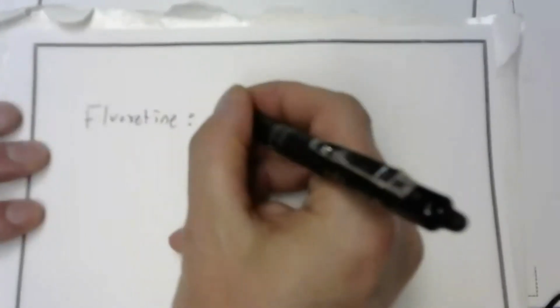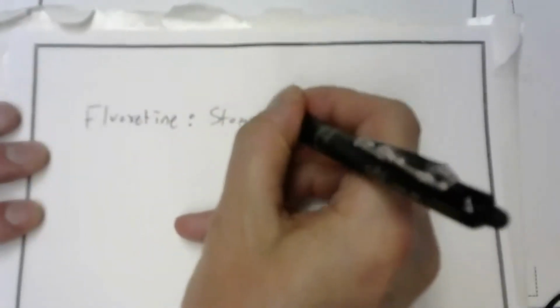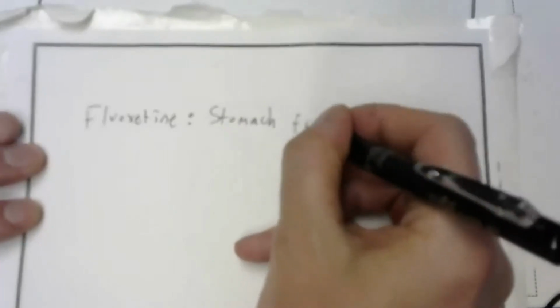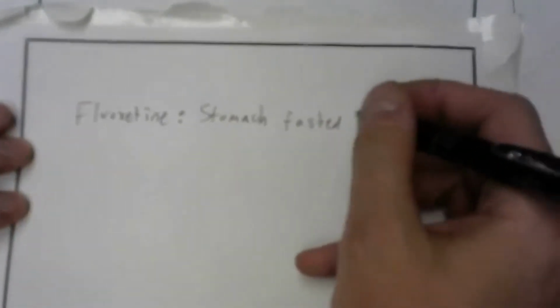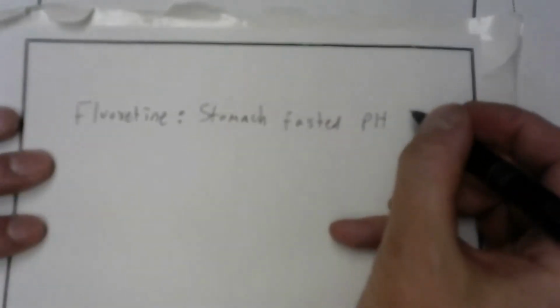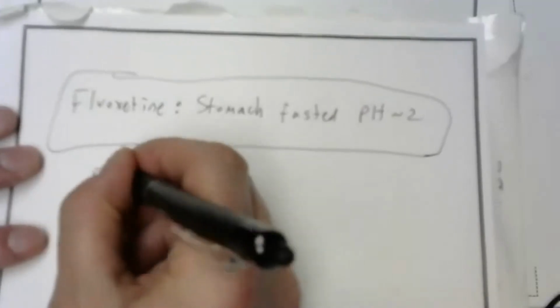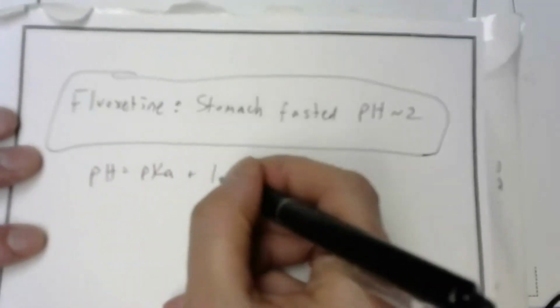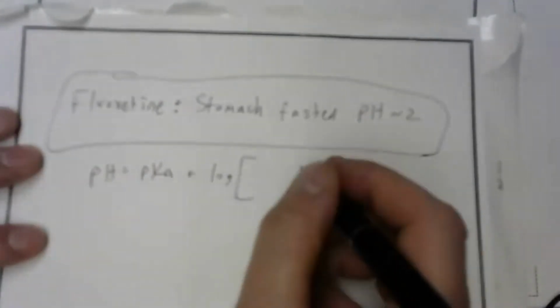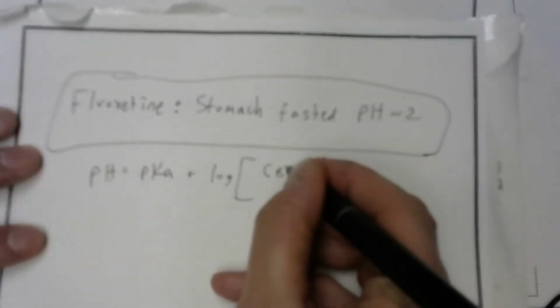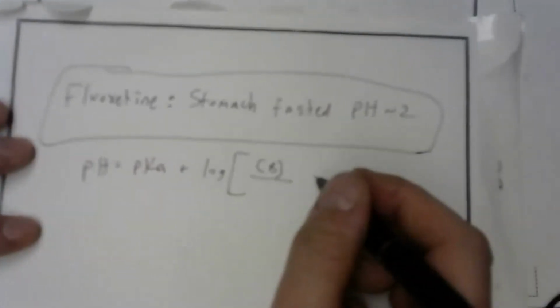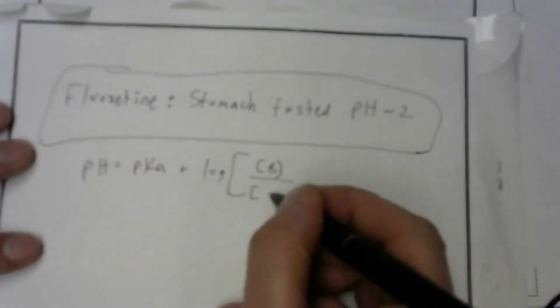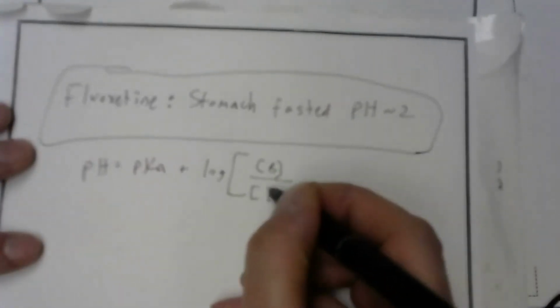Fluoxetine, we'll do it in the stomach first. Fasted. pH is around 2. Now it's pH equals pKa plus the logarithm. Now we use a slightly different formula, which is, B is the neutral molecule, BH plus is the protonated molecule.